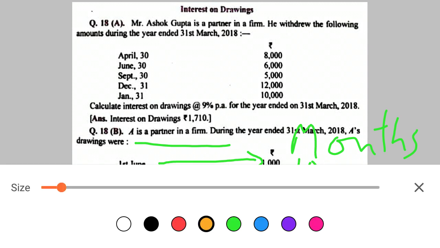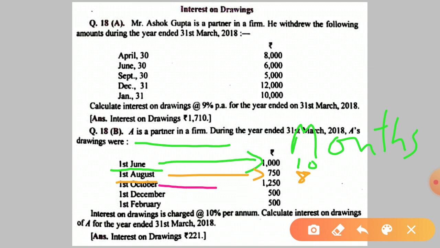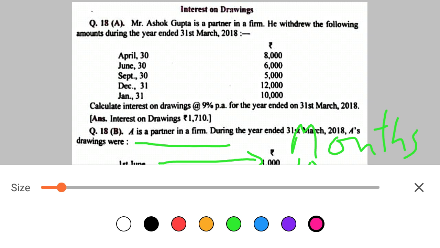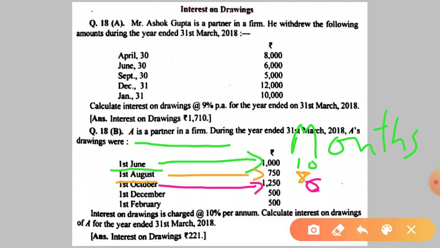For the next one, for 1st October, 6 months. If it is on 1st December, then 4 months. And if it is on 1st February, then 2 months. So these will be the time periods.